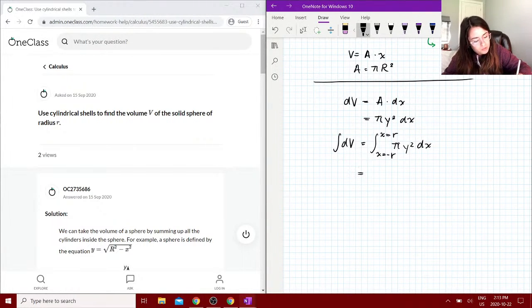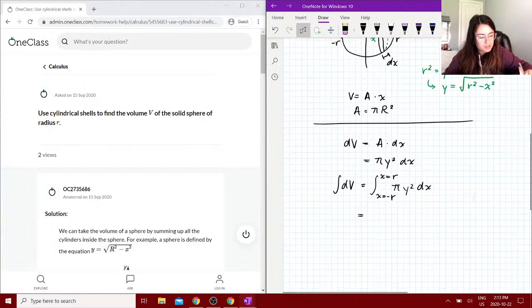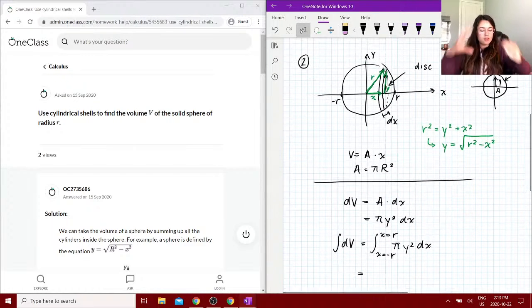Okay, so now we are able to start integrating. However, the first thing that I want to do is, since we are looking at this sphere, it should be symmetrical on both sides, right? So from r to the center of the sphere should be the exact same as from the center of the sphere to negative r, okay?